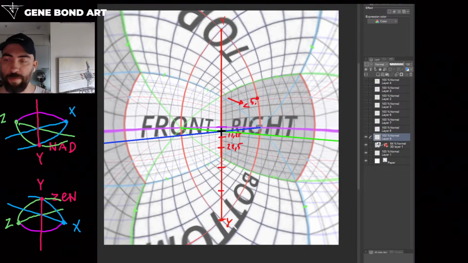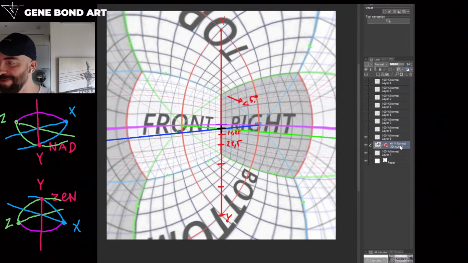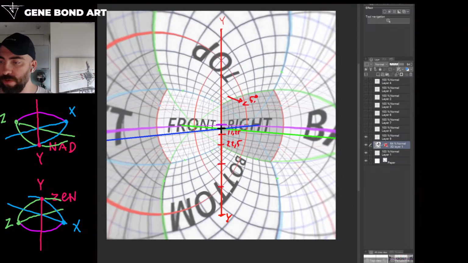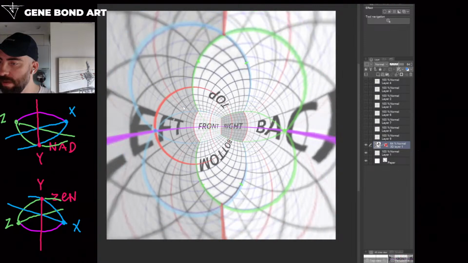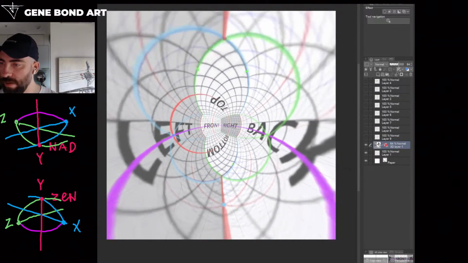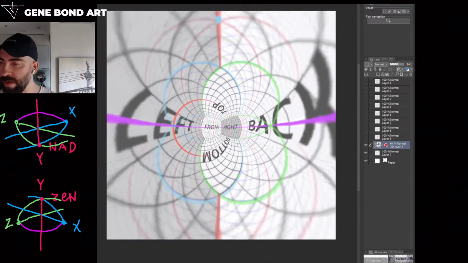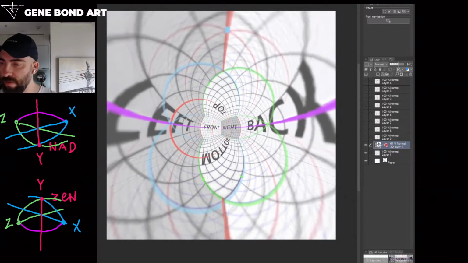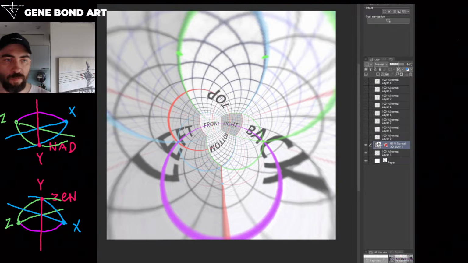Really interesting, if somebody finds it useful for themselves. But again, if you want to know what happens with horizon lines and all these axes in extreme fisheye perspective, this video is for you.